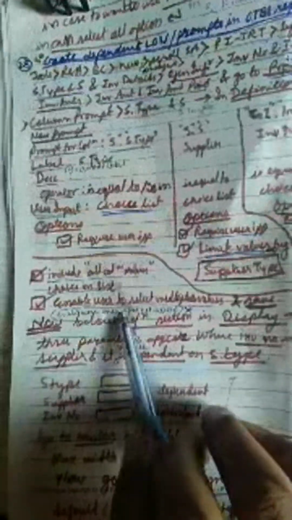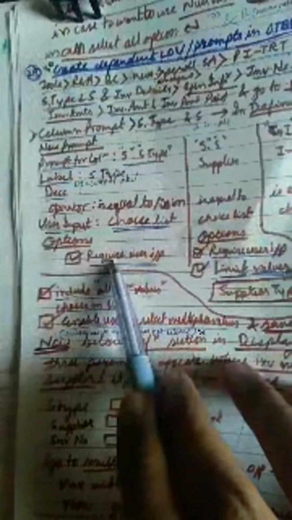Second one is limit values by, and third one is include all column values, and fourth one is enable user to select multiple values. Fifth one is enable user to enter values, or manually enter values, meaning the user can manually enter values.